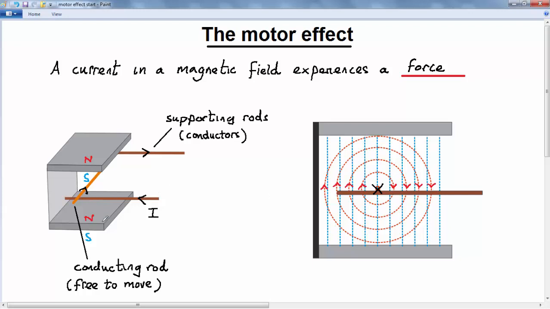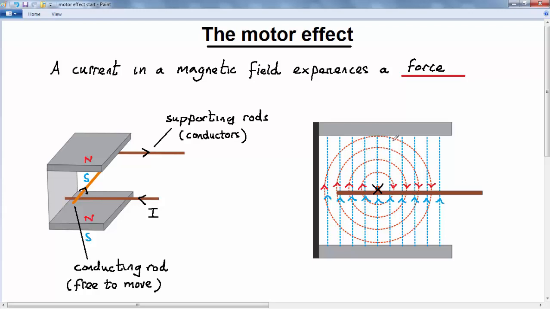Now, how about the magnetic field produced by the magnets? As you remember, magnetic fields always go from north to south, so these will be directed in this direction. And you'll notice that to the left of the conducting rod, the magnetic fields are in the same direction, whereas to the right of the conducting rod, they're opposing each other. As a result, the magnetic field intensity on this side of the rod gets a lot stronger, whereas on the right of the rod, the magnetic field intensity gets a lot weaker.